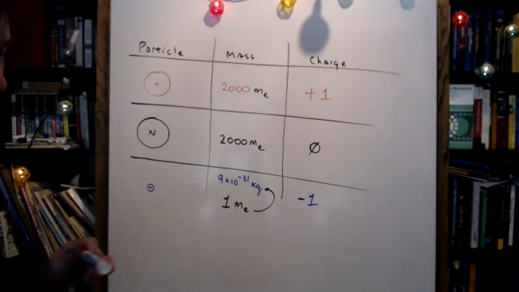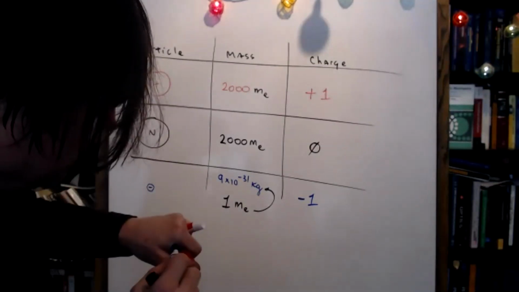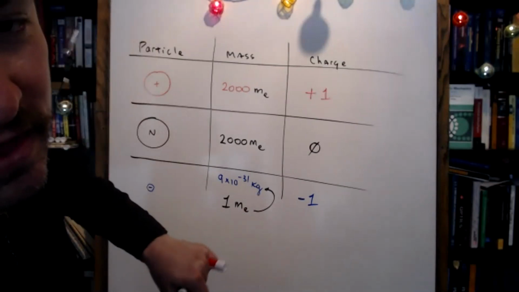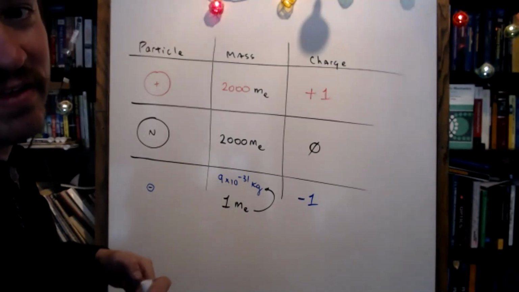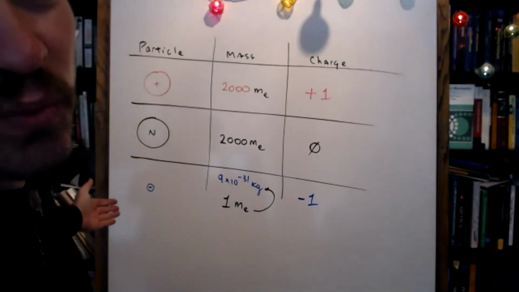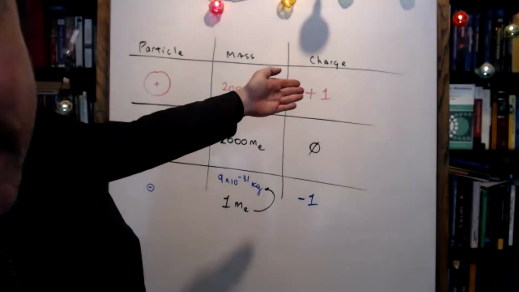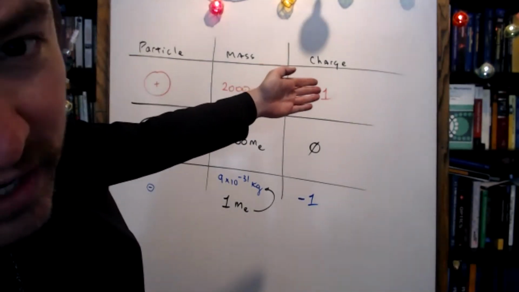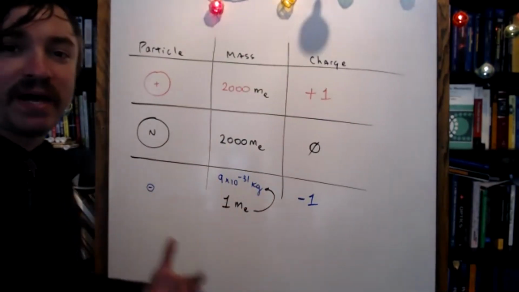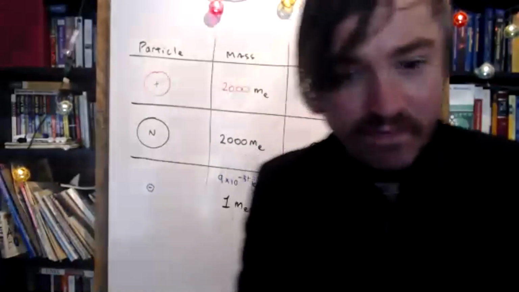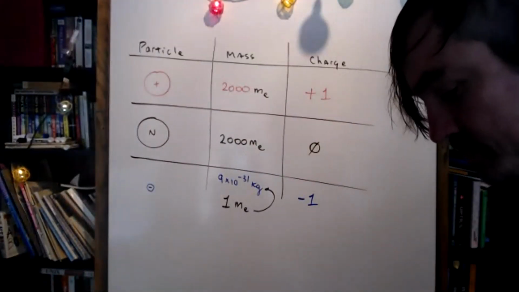Now, it is one of the perversities of nature that she made these two lopsided particles that are equal in charge, but totally unequal in mass. And that's pretty freaking weird if you think about it. Whatever mysterious thing is going on inside there that gives it a charge of plus one is equal to the negative one of the electron. But the electron is a much physically smaller and lighter object.